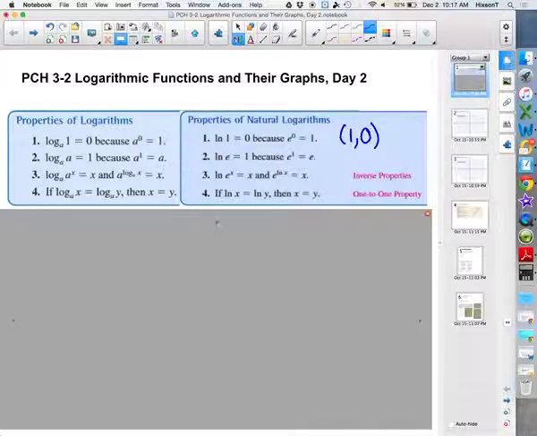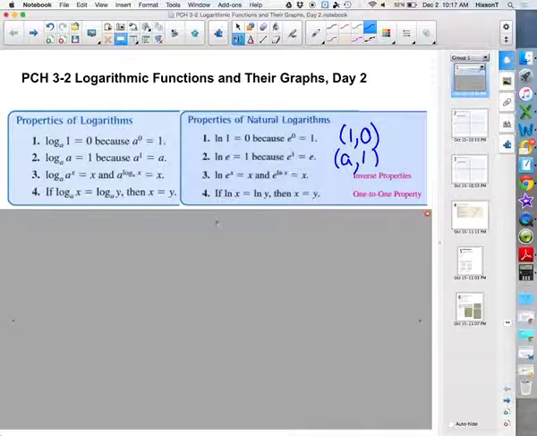Okay. Now, these first two we're particularly going to use because notice they actually give us 2 points for every logarithmic function. Here, whatever the base is, a, and when a is your x-coordinate, what's going to always be your y-coordinate? 1.